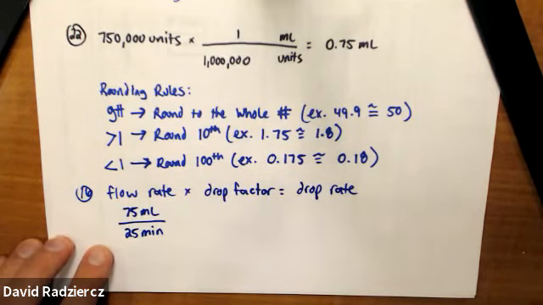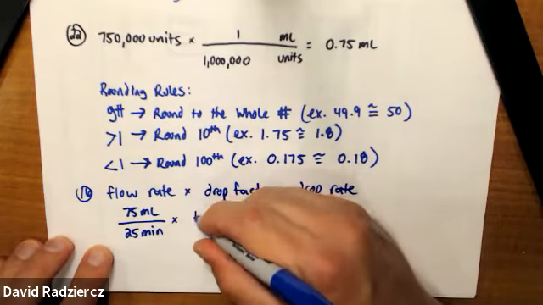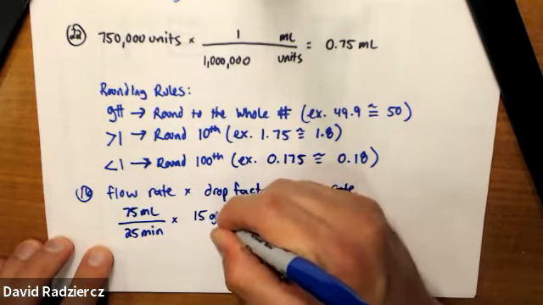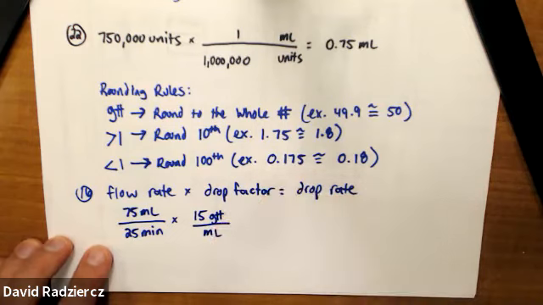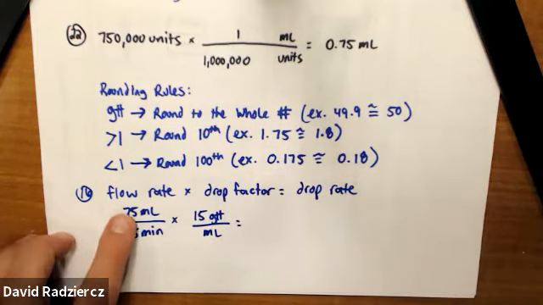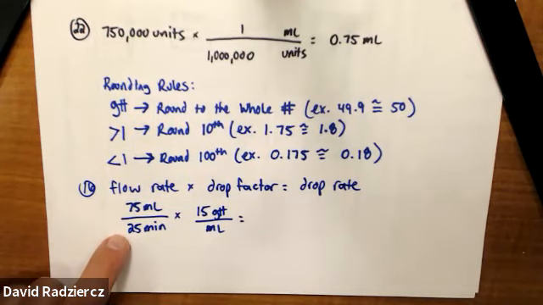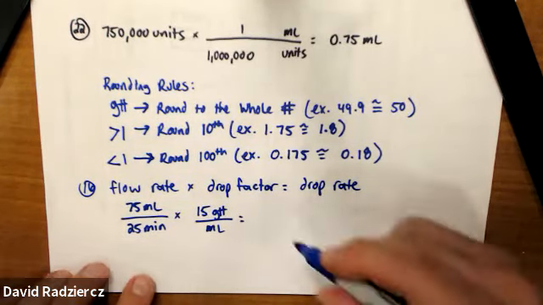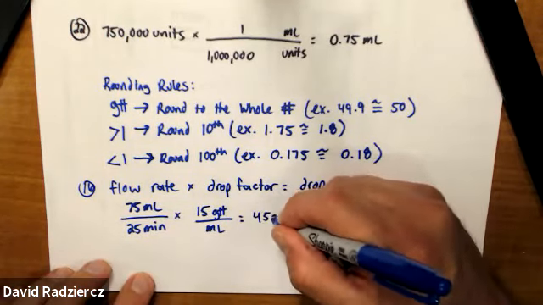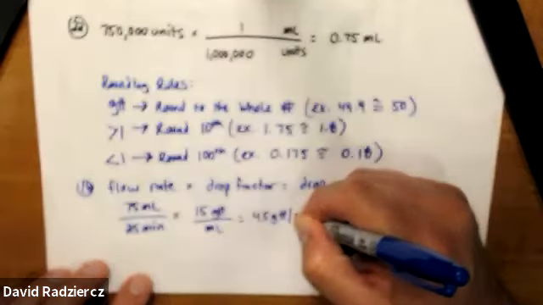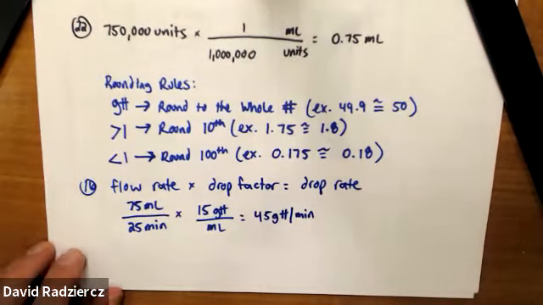The tubing, there's a picture, says 15 drops per milliliter. And you do 75 times 15 divided by 25, or 75 divided by 25 is 3 times 15. Either way, you get the same answer of 45 drops per minute.